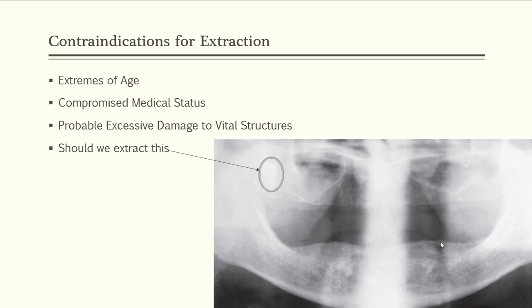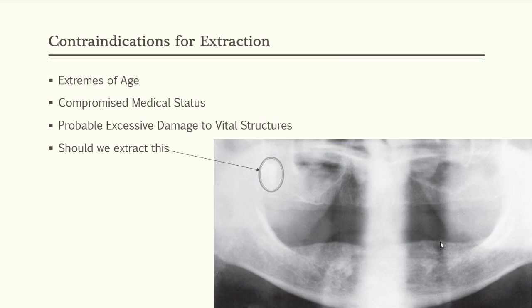Now, contraindications for extraction: extremes of age, patients of 70, 50, 60 years old, for whatever cause, we do not extract for them if it's not indicated, of course, if the tooth does not cause any problem. Compromised medical status: the patient had an MI a month ago, or less than a month ago, let's say.